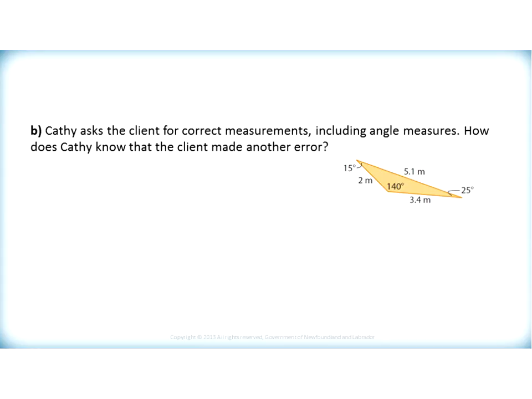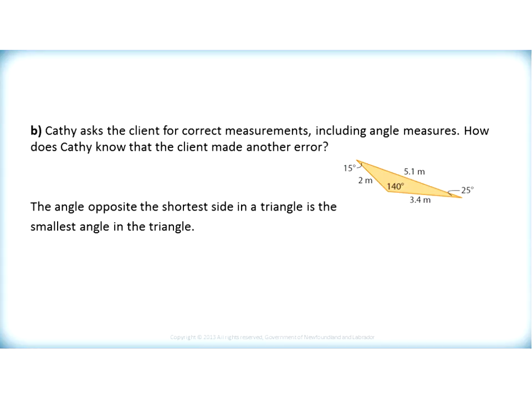But now we're going to look at our angle measure properties. And if you recall, the angle opposite the shortest side in a triangle is the smallest angle in the triangle. So the shortest side in this triangle is 2 meters. And we also see that the angle opposite that side is this angle right here.